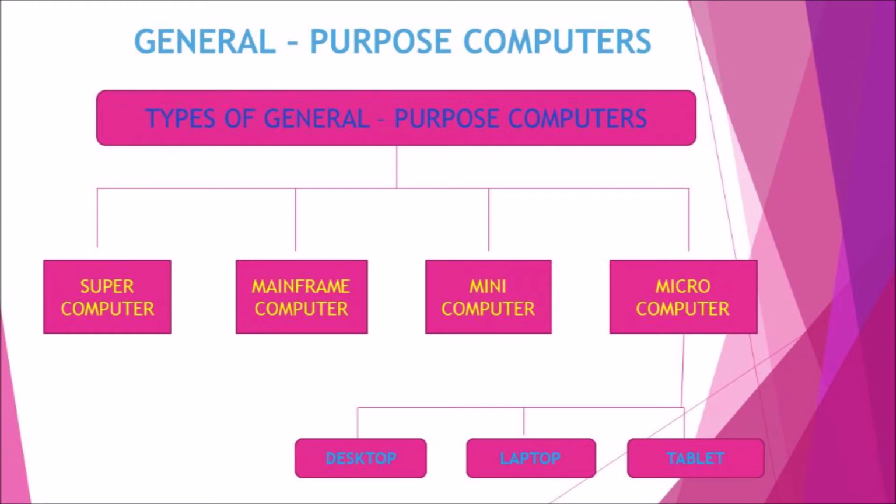First we see about the general purpose computers. General purpose computers have the ability to run a large variety of programs. Programs are nothing but applications. For example, any gaming application, whatever the process or application that runs in a computer, we call it a program.